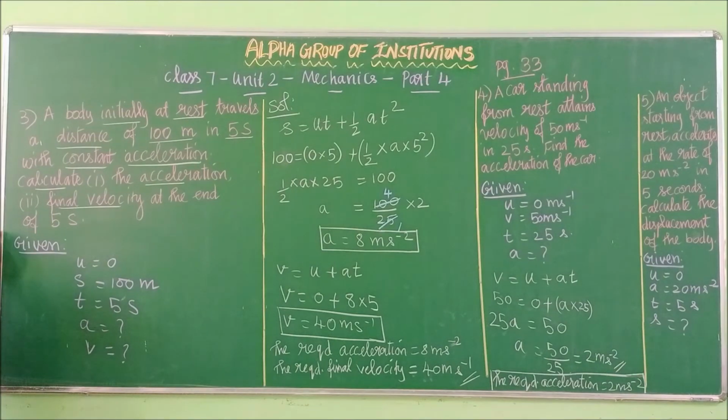That's why we are not taking speed and distance here. So it is indirectly understood. So displacement s is 100 meter. Then time is 5 seconds. Find the question mark: acceleration and velocity. Final velocity symbol is v.